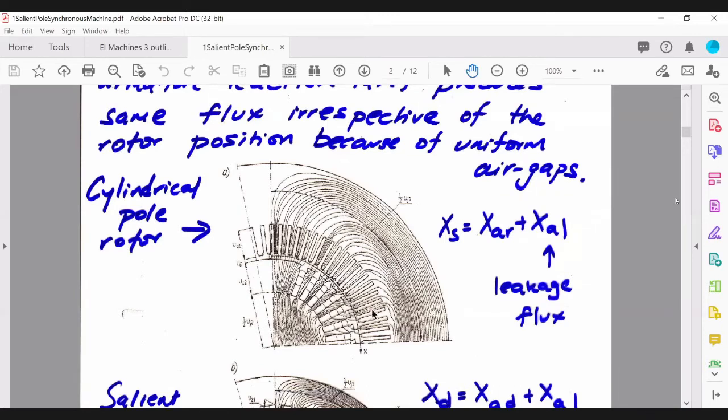Okay, so in this particular configuration, your synchronous reactance, which we were using in the equivalent circuit, is representing two components: your armature reaction and the leakage flux. Right, so that's for your cylindrical rotor.